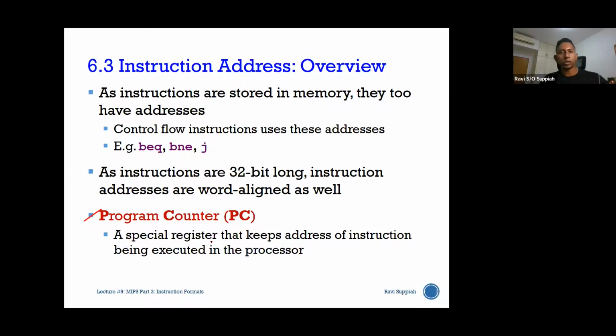You have branch instruction, you have jump. So when you have this kind of conditional statements in your code, you can suddenly jump to some other location somewhere else. So we need to be able to keep track of where we are and what we're going to execute next.